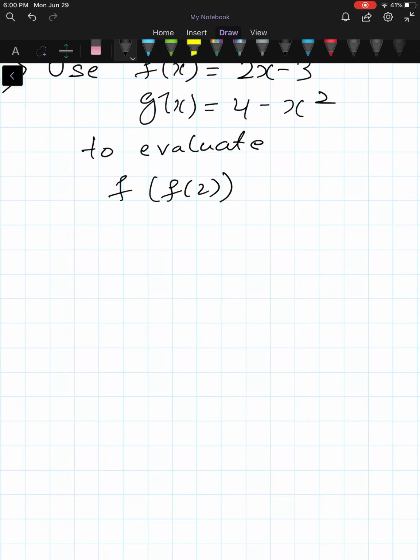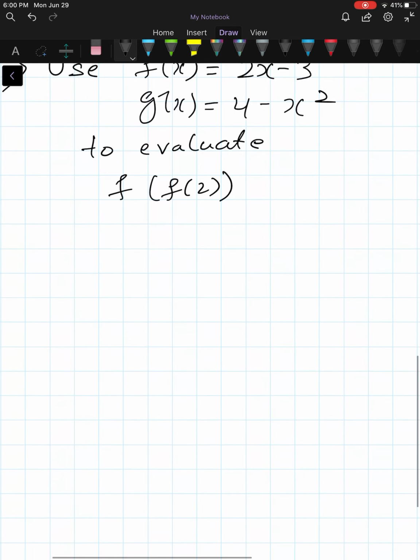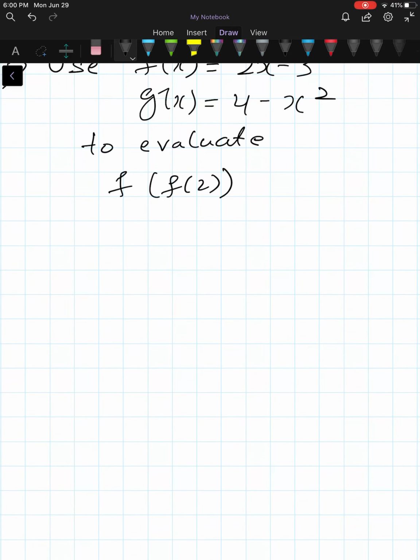So f of f of 2 is f operating twice. So you are repeatedly operating f on one particular number. Okay, so first we will operate the one in the brackets, f of 2.